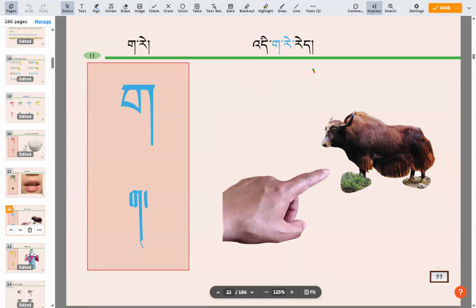Can you guess from the picture? Do you know what this is? Your answer would be, you just replace the kare with the word of what it is. So you would say, di yak re. This is a yak. Pretty logical.